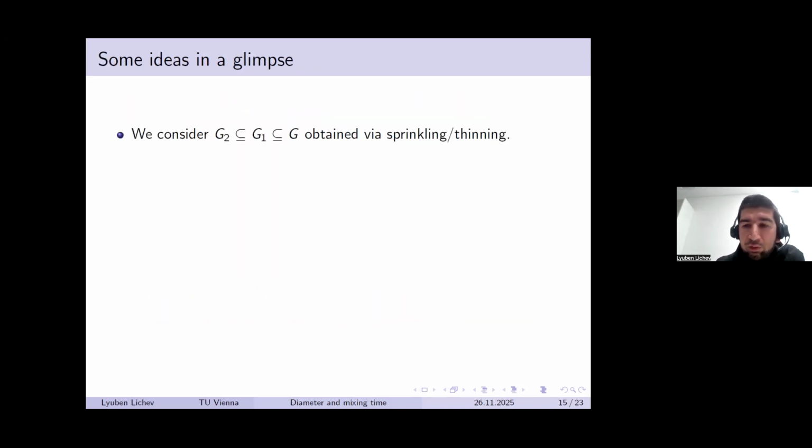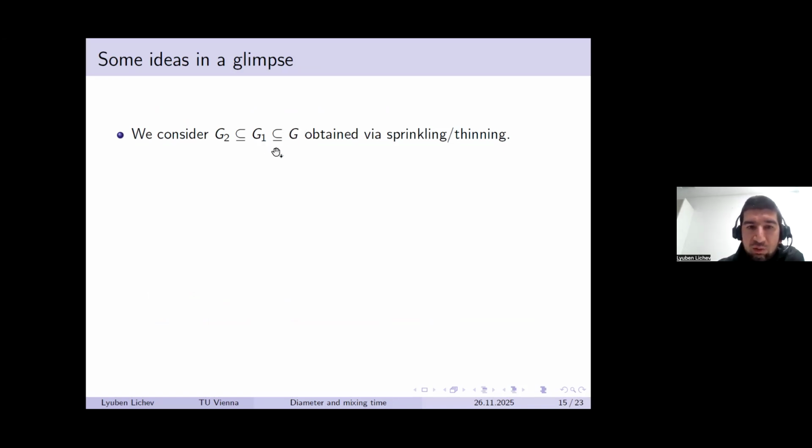Let me now tell you, in a glimpse, about some ideas which we use to prove the second result, the fact that it's hard to separate a large connected piece from the giant. Here we start with 3 graphs. G is our percolated hypercube, Q_d^p.